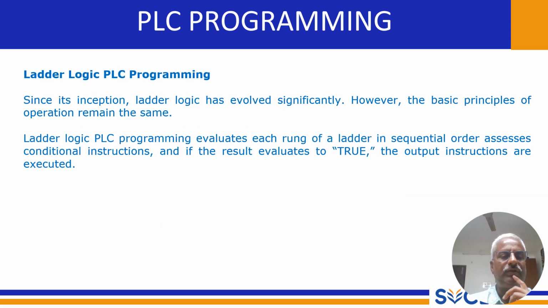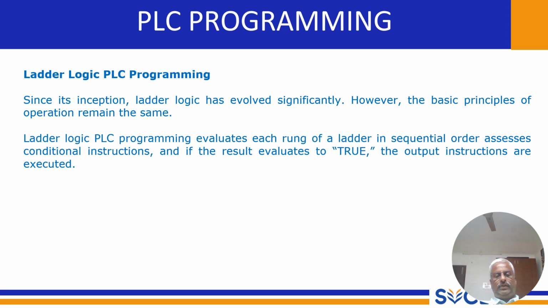Since its inception, ladder logic has evolved significantly. However, the basic principle of operation remains the same. Ladder logic programming evaluates each rung of the ladder in sequential order, assesses conditional instructions, and if the result evaluates to true, the output instructions are executed.